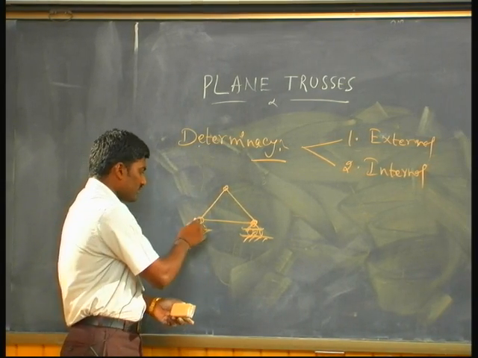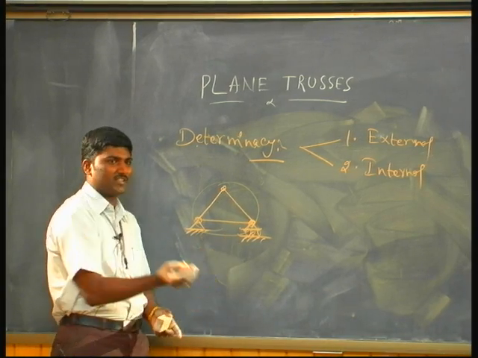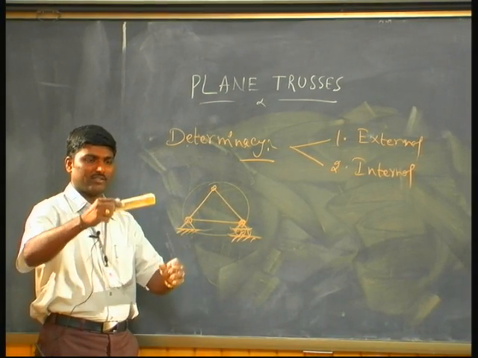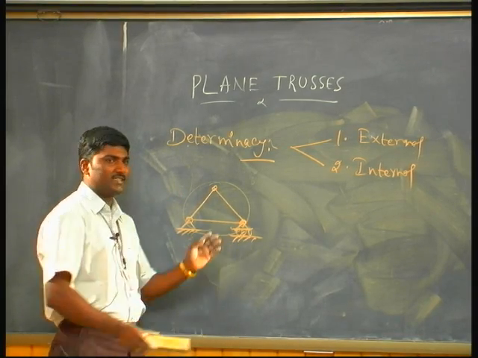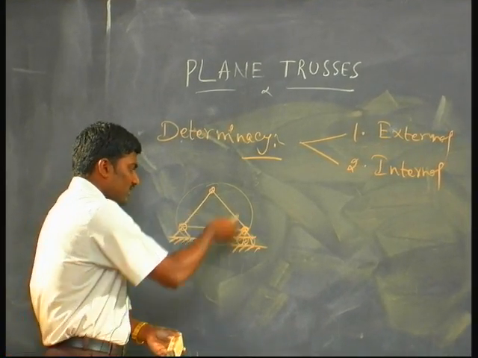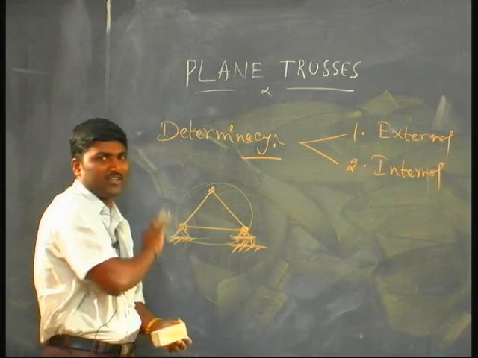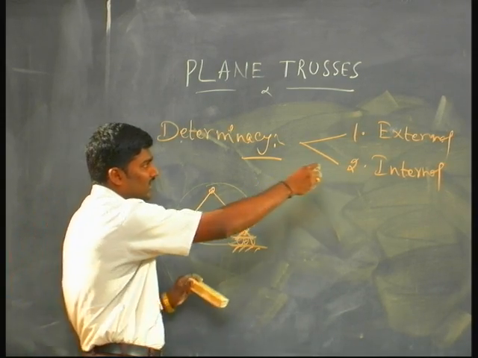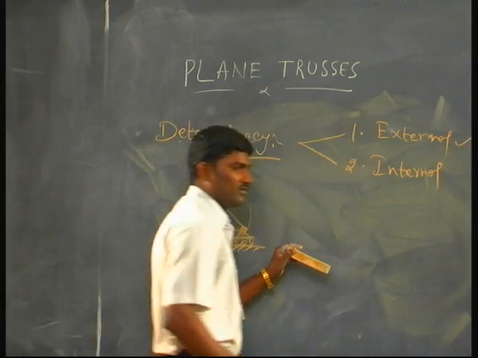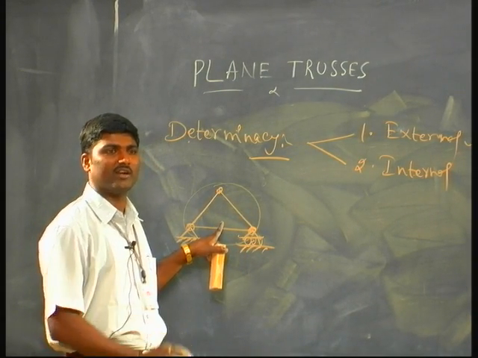Externally means this is the truss, these are the things which are external. The truss is kept on this support and on this support, these are external supports. Internal means the members, joints, all are internal. So externally, is it okay or not, can you determine or not.